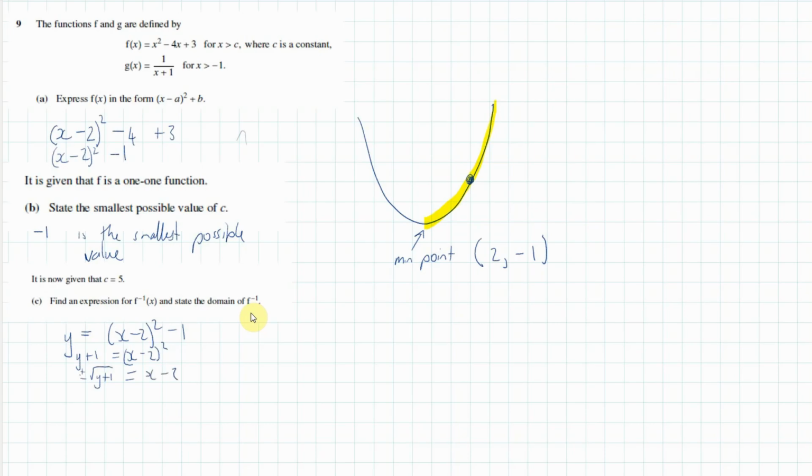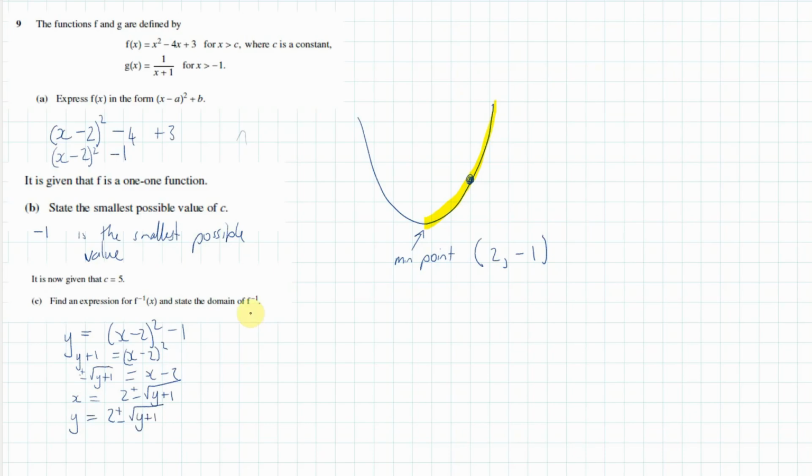My next line will be x equals 2 plus or minus the square root of y plus 1. And then I do my swap of my variables: y equals 2 plus or minus the square root of x plus 1.